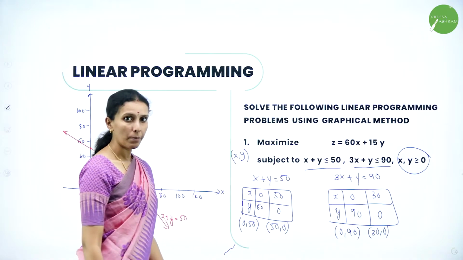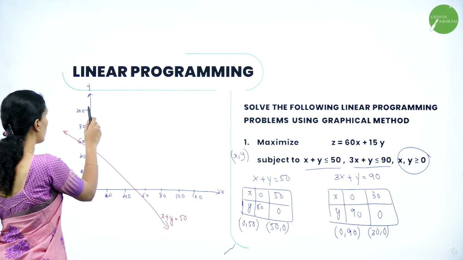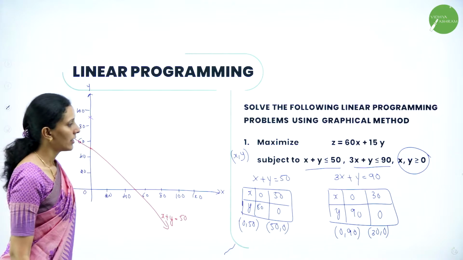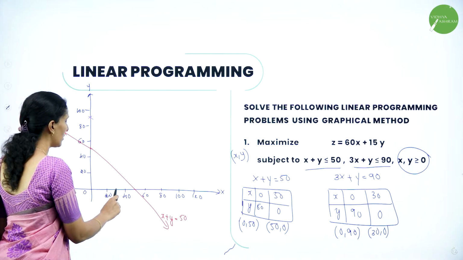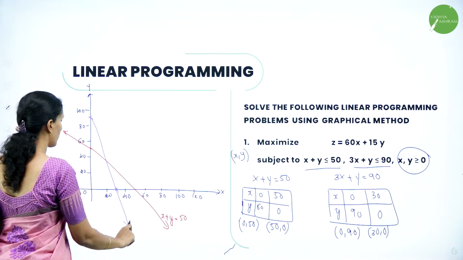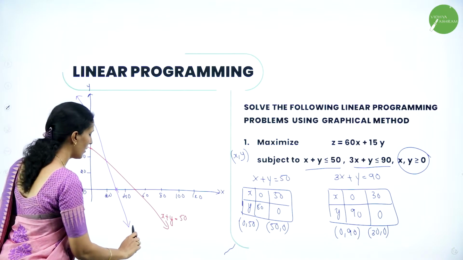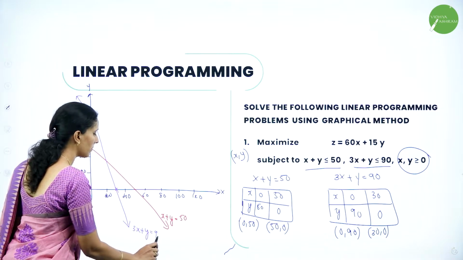Let us plot the points once again. My first point is 0, 90. And the second one is 30, 0. This is the straight line I will get joining these 2 points. Extend the line. What is the equation of this line? 3x plus y is equal to 90.